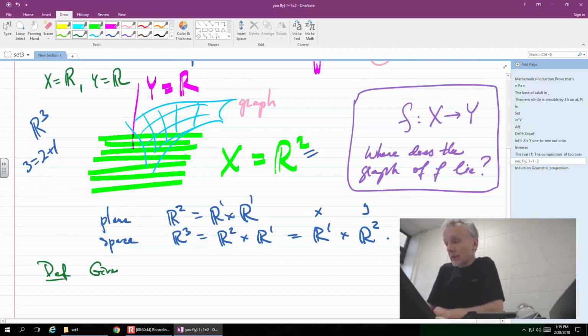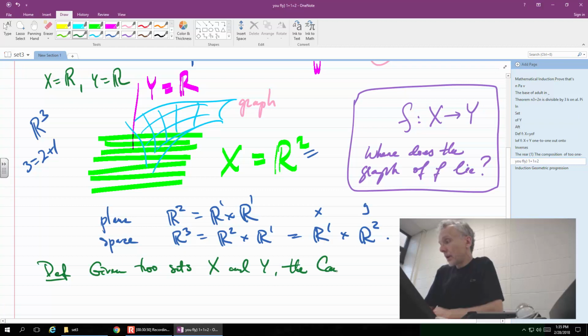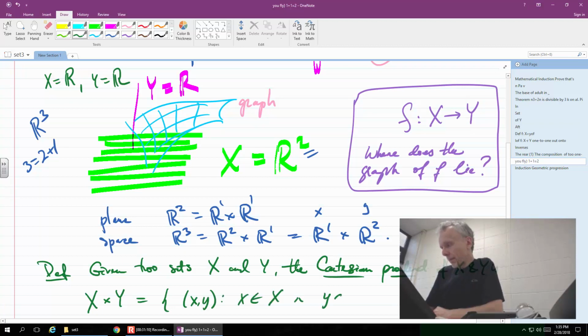Given two sets, x and y, the Cartesian product of x and y, written x cross y, is the set of all pairs (x, y). Okay, so that's the whole definition.